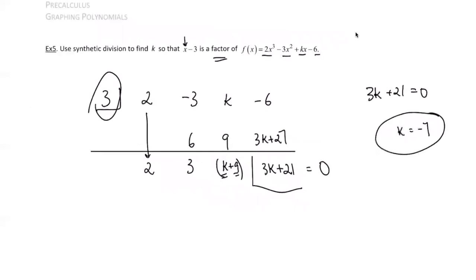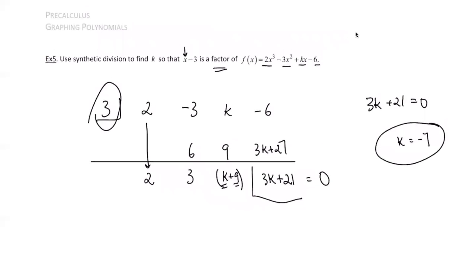So what are we trying to see here? First, do you know how to do synthetic division? Number 1. And 2, do you know how to set the remainder equal to 0, because that's what factor means.